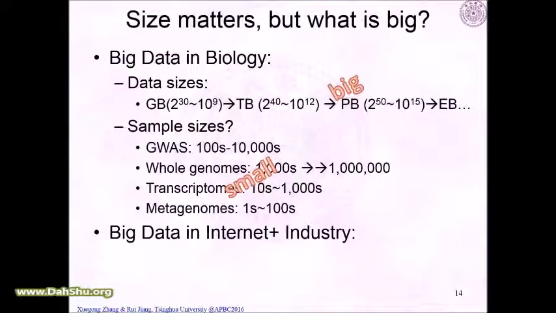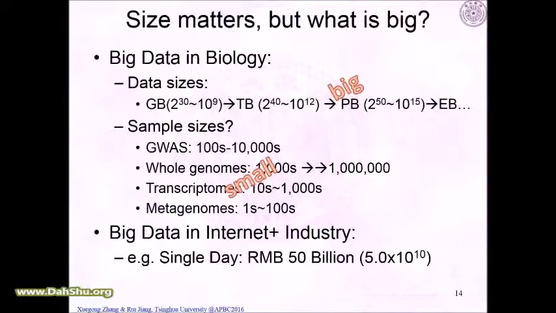But in other industries, in the computer science field, when they talk about big data, for images they have millions of images. For example, take online shopping. Say for Ali, on the single day selling, they can have 50 billion.